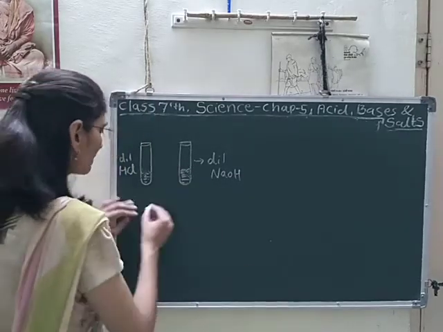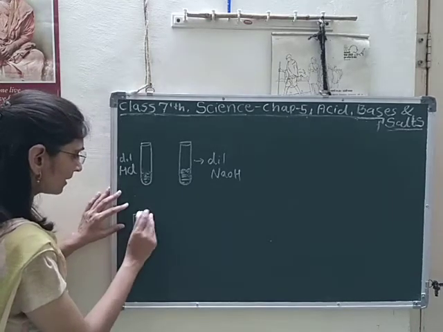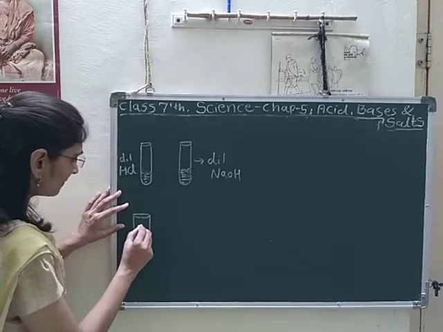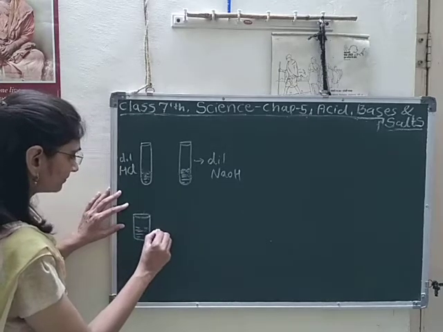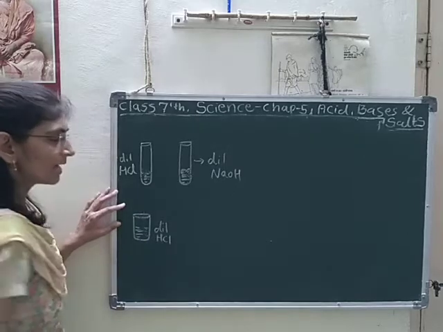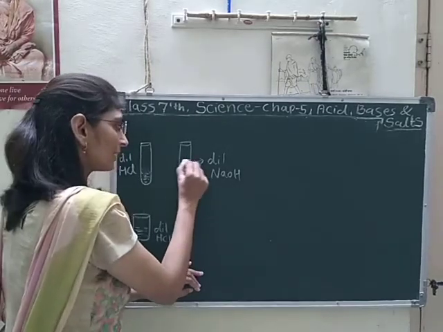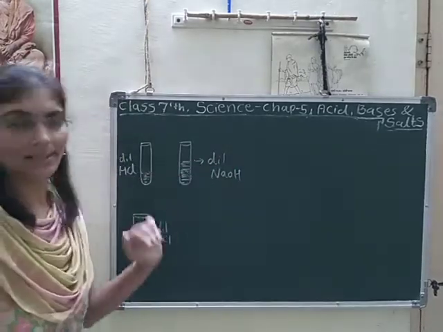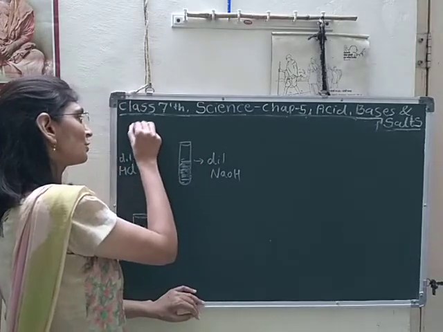And take another two small beakers. In one beaker I have taken more dilute HCl for the experiment. And here I have taken dilute NaOH in excess quantity in this test tube.